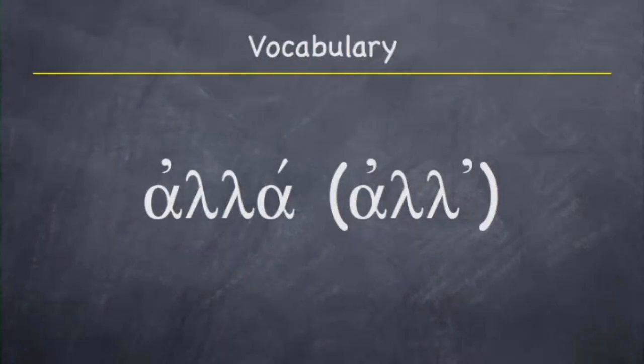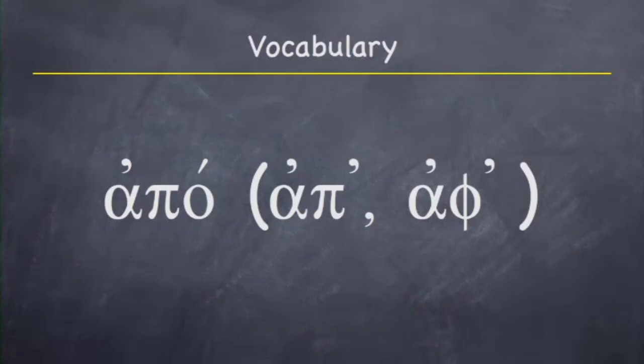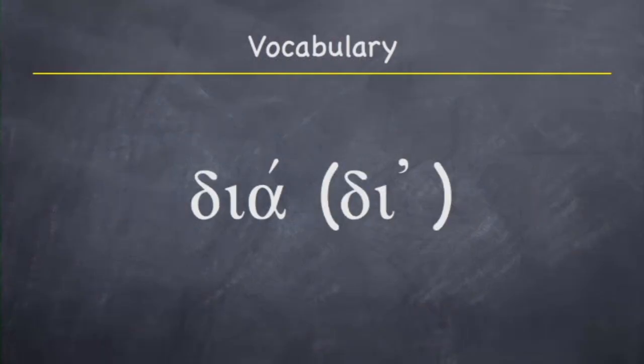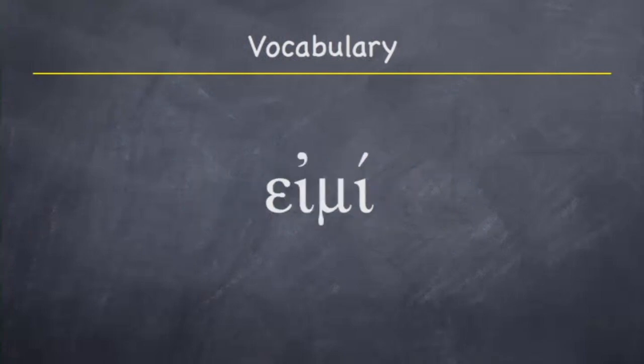Alla, but, yet, except. Apo, with a genitive, from or away from. Dia, with a genitive, through, with the accusative, on account of. Eimi, I am, exist, live, am present.